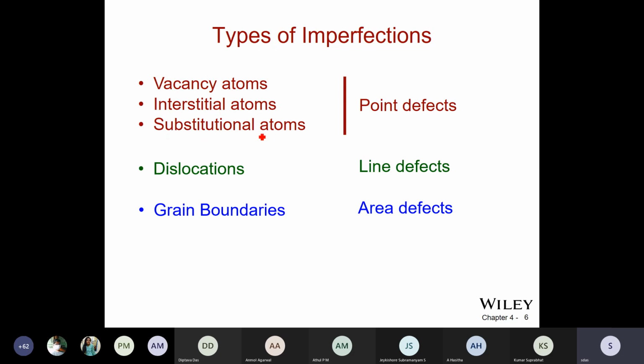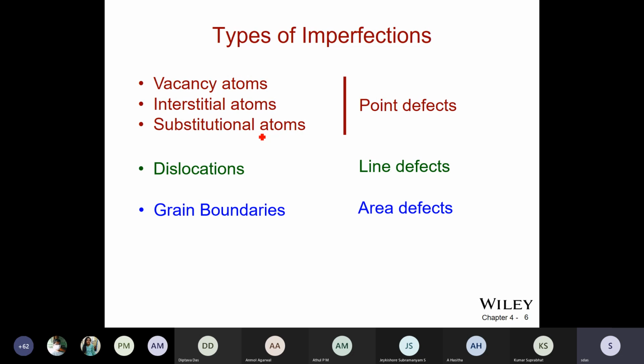Then substitutional atoms. Say I am making an alloy between copper and nickel. I had pure copper, I added nickel. So some of the copper atom positions will be occupied by nickel atoms. And that's the defect, because the definition of a lattice will be violated. So a substitutional atom is a point defect.